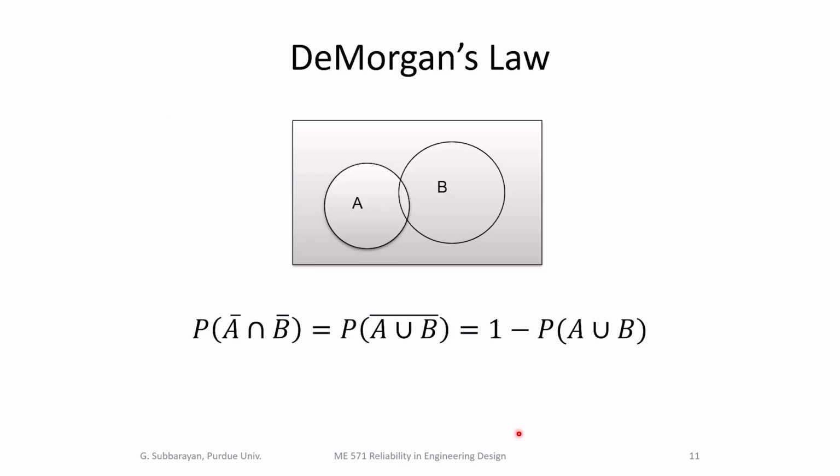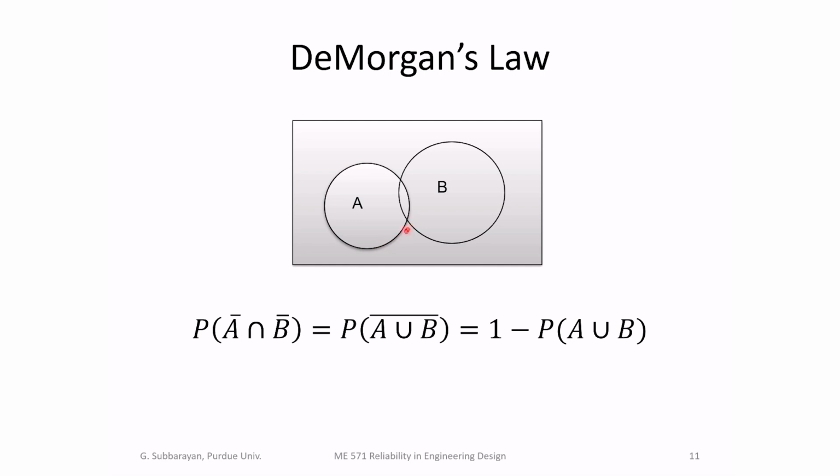De Morgan's law allows us to estimate the probability of A not occurring and B not occurring. That's very convenient. You'll find that this is a much more convenient way to define some events. So A not occurring and B not occurring is really the region outside the union region here.